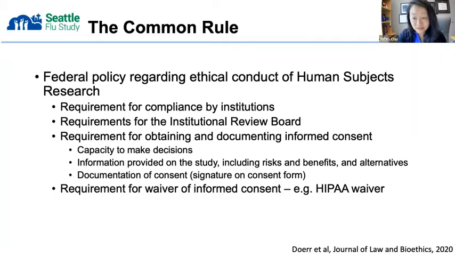And informed consent is a process that we use in human subjects research where we consent individuals to participate in our study. And to be able to consent somebody to be in a study, we need to do a couple of assessments first. We need to first make sure that they're able to make decisions. So they both have the mental capacity to make decisions, and they're also of the appropriate age to make those decisions.